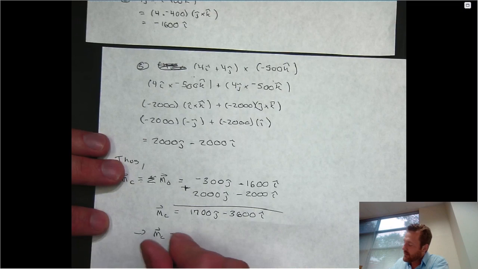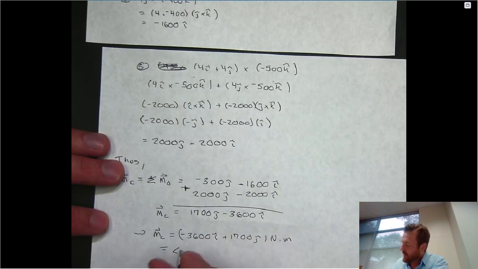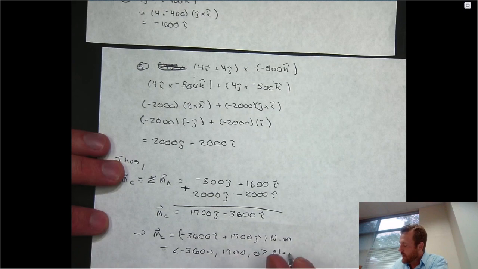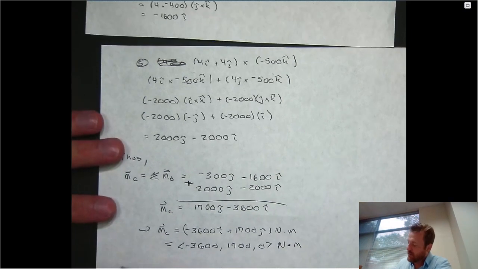So really how you would write this is minus 3600 i hat plus 1700 j hat, and that is going to be Newton meters, or you can write it equivalently, minus 3600, 1700, 0 Newton meters. And if you look at that force couple system, hopefully you can convince yourself that you're getting that nature of the rotation. So let's talk about the equivalent force location now.